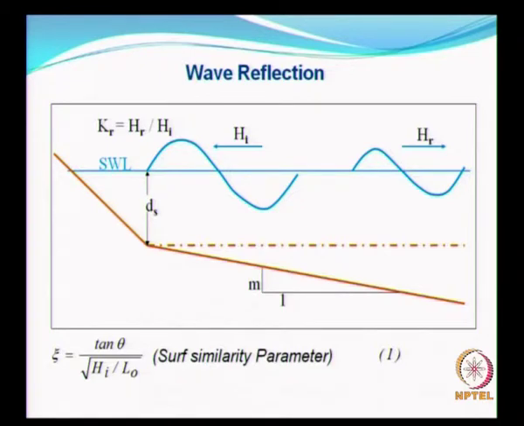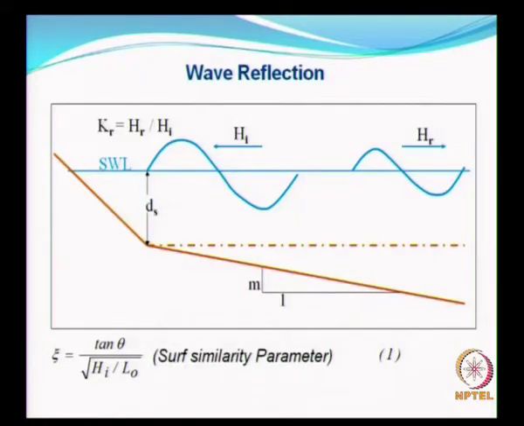When the slope is there, Hr will be less, and this is what is called the surf similarity parameter, which we have seen earlier. For additional information on wave reflection, you can refer to a number of books, or this phenomena of reflection will also be covered in detail under the subject coastal engineering.